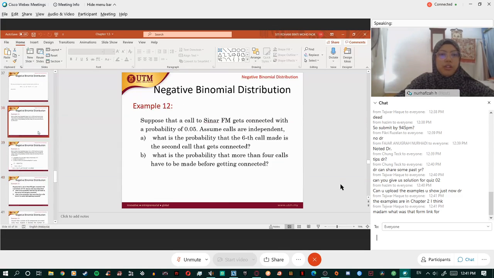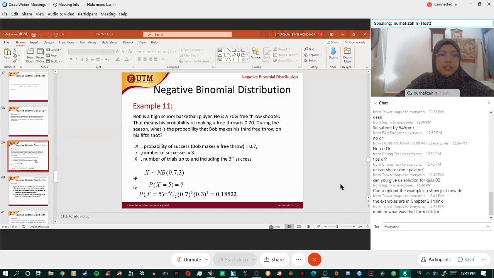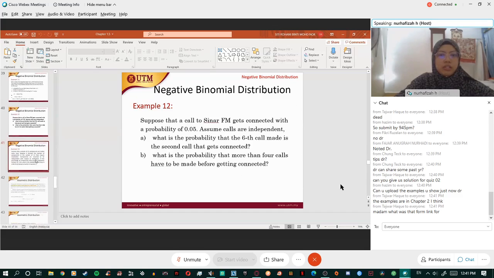All of you have already done the exercises in this slide. How about this example 12? Did you know how to do example 12? Okay, I will upload the examples in your e-learning. Some of the examples are in chapter 2.